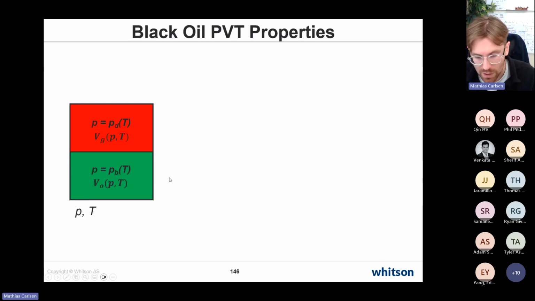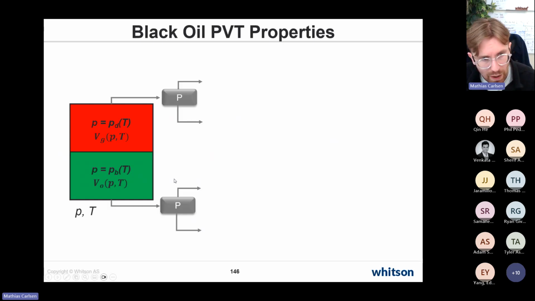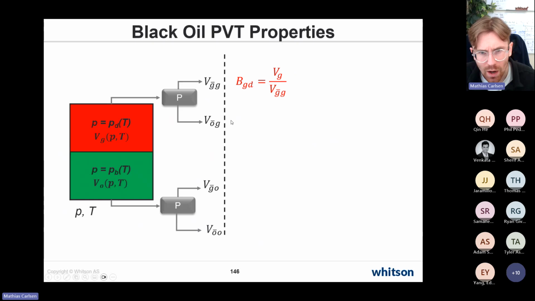So if this is our reservoir, we have a free gas phase and a free oil phase. If we look at the gas phase first, we get these different components depending on where they're coming from. We know that the formation volume factor for gas is Vg divided by Vg hat G. So that's the volume at surface originating from the reservoir gas phase. And then the RV term is the surface condensate originating from that reservoir gas divided by that surface volume of gas.